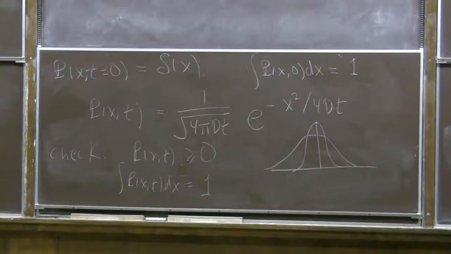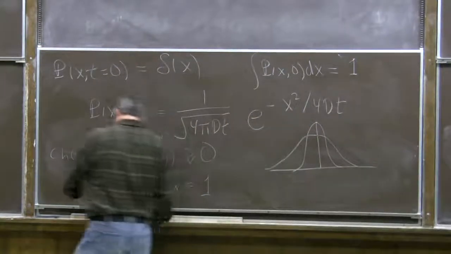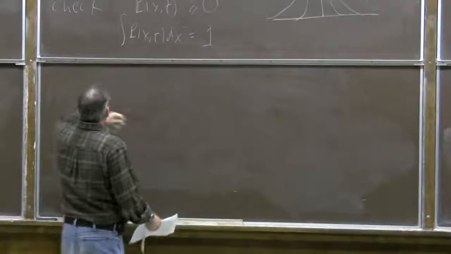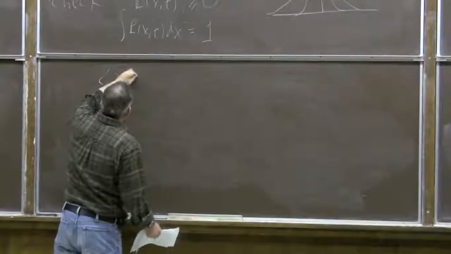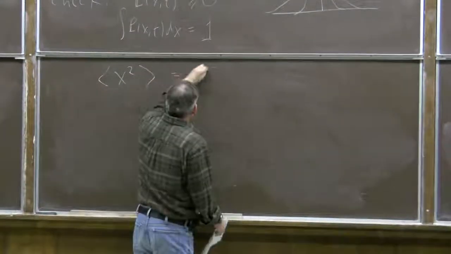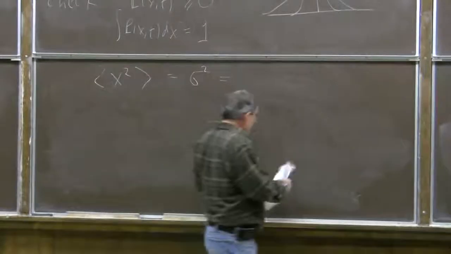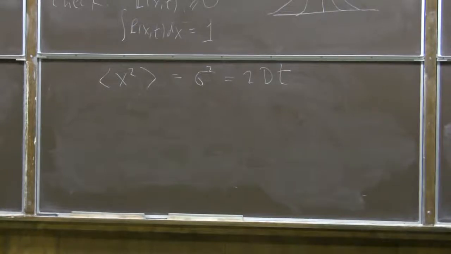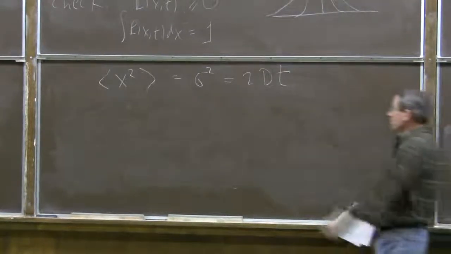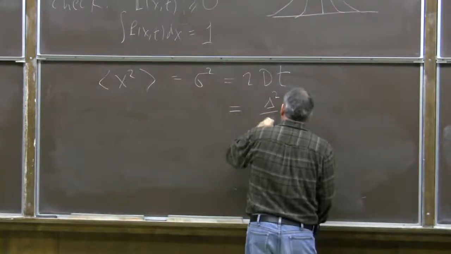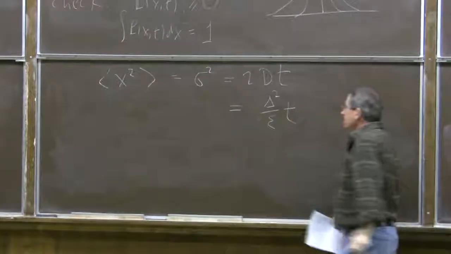How broad is it? The variance of this probability distribution tells us how broad it is. Namely, the mean square value of x is given by the variance of this Gaussian, and that's just 2Dt, where D is the diffusion constant, which we now know in terms of our lattice model we can write as delta squared over 2 epsilon, times time t.